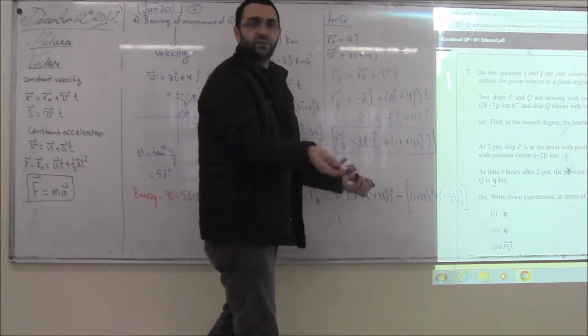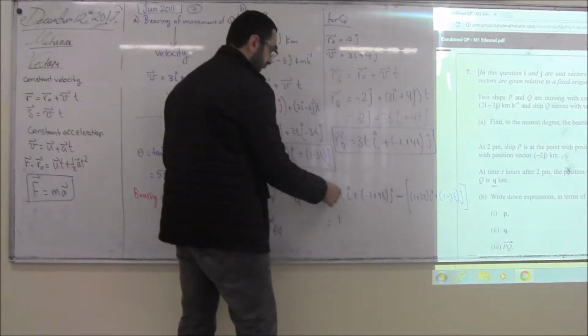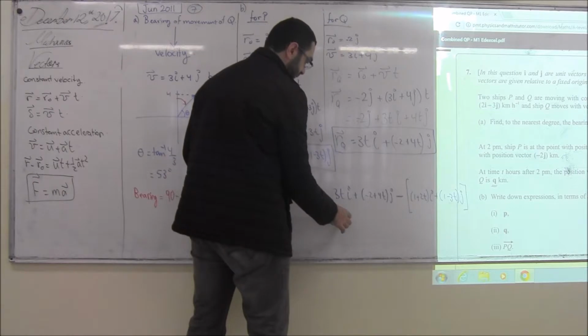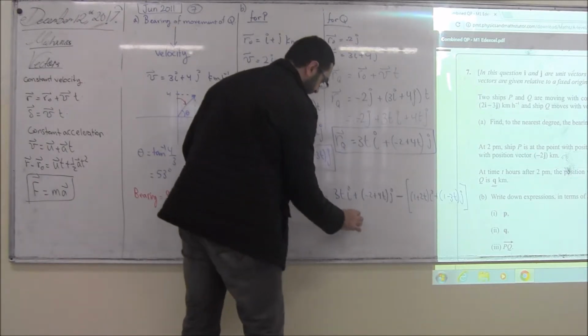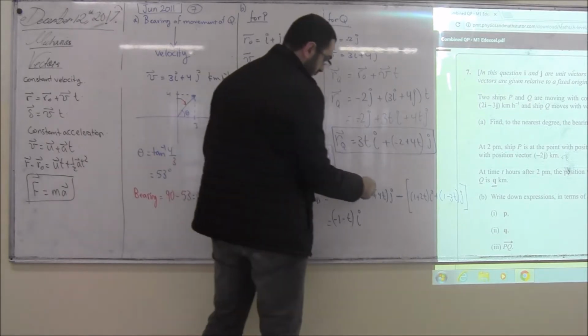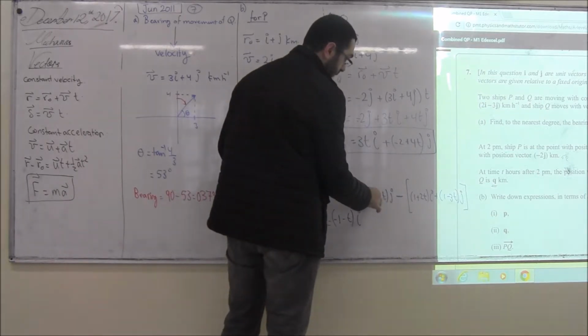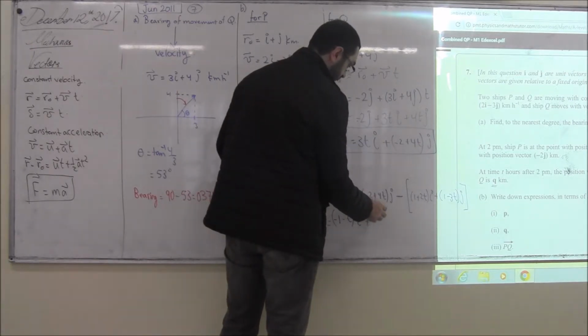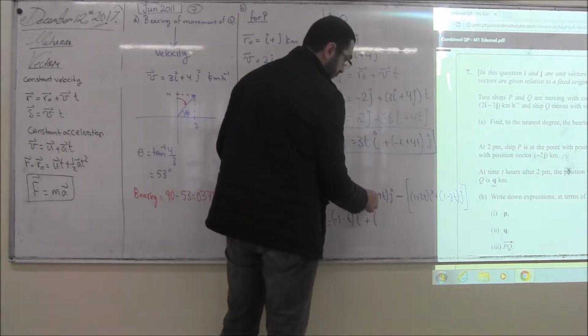You can do it directly, it's a mathematical issue. First the i: 3t minus 1 minus 2t, so minus 1 minus 2t.